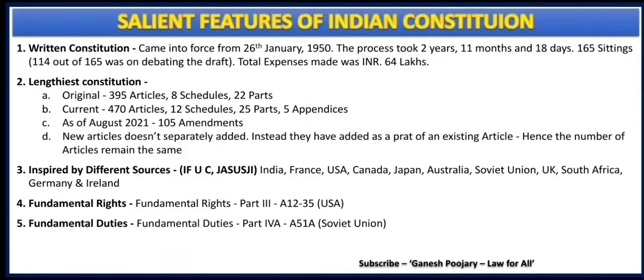Now this is all about our constitution being a written constitution, and if you write this much, you will get sufficient marks as far as that one point is concerned.